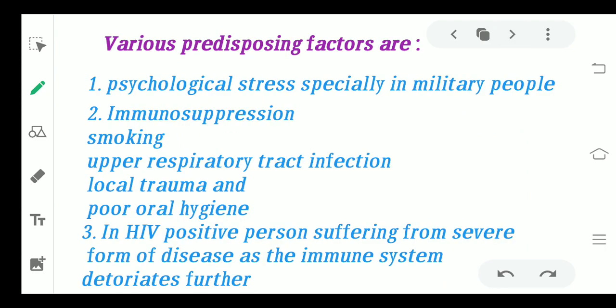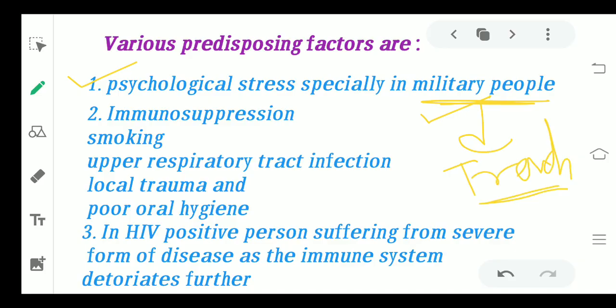Now what are these various factors which can lead to the overgrowth? There can be certain psychological stress, especially in military people, those who are in the trench areas. There they do not get that much time to take care of their oral hygiene and oral health, so gingivitis can be seen in these people. Hence it is said to be trench mouth also, because that is the trench condition where these military people do their duties.